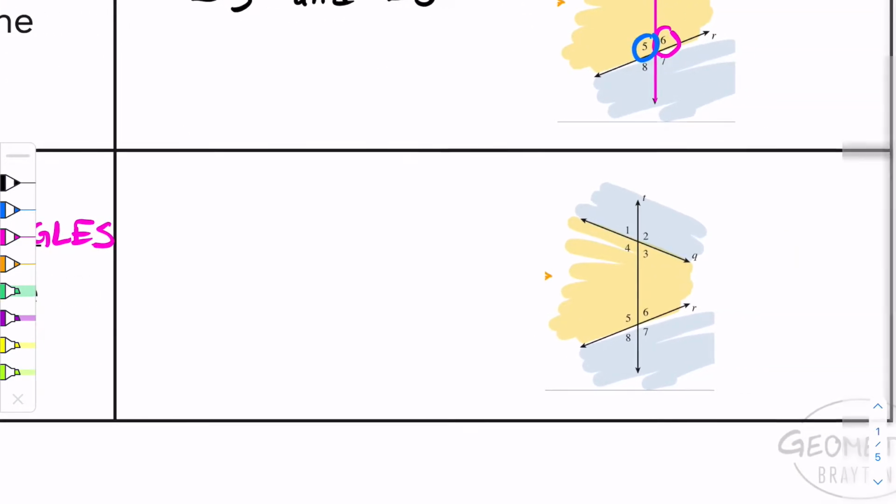So based on our diagram, our exterior angles are highlighted in blue, and we're looking for angles on opposite sides of the transversal, but in the blue exterior shaded region. 1 and 7 would be alternate exterior angles, and also 2 and 8.